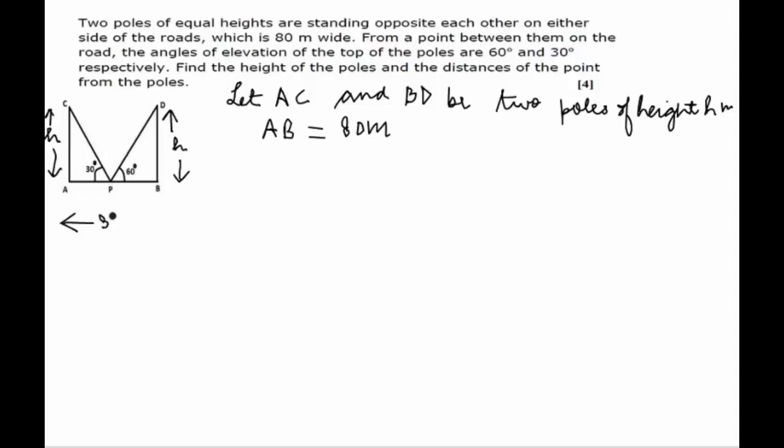A person was standing at point P and the angles of elevation for the two poles were 30 degrees and 60 degrees. Let's say that AP is x meters.